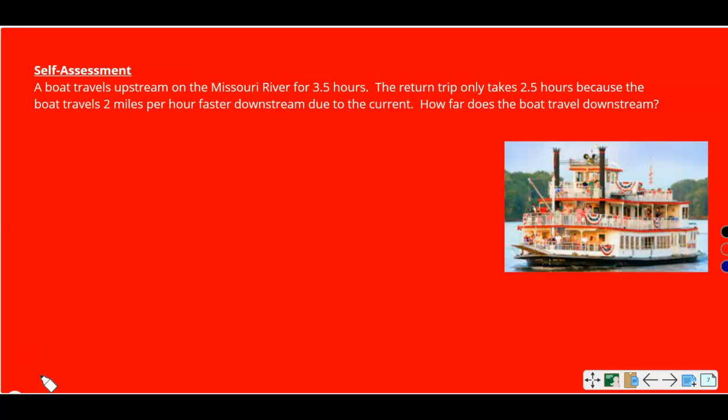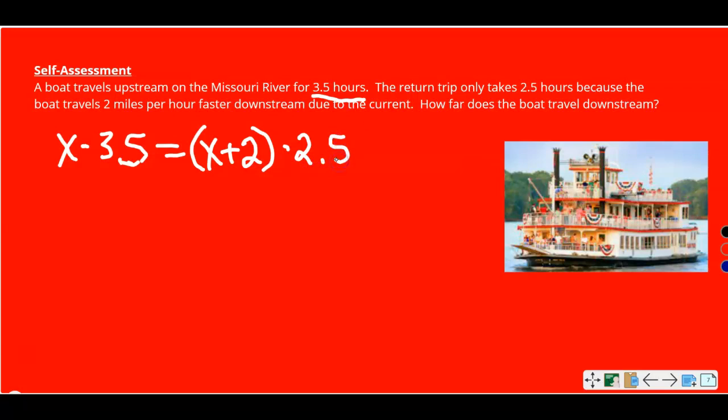So we know that the boat travels upstream for 3.5 hours, so we can say x times 3.5 hours. And then the return trip only takes 2.5 hours because the boat travels 2 miles per hour faster. So it's going to go 2 miles per hour faster, and it's going to take 2.5 hours. Let's see what we have.